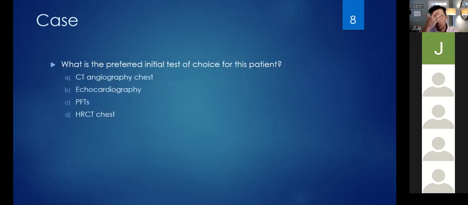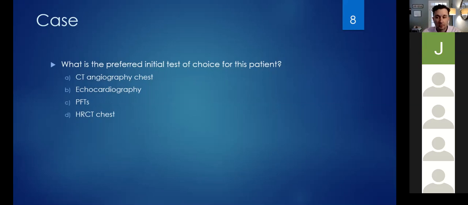So you guys can use the chat function, if you don't mind, just to type in which answer choice you would choose. Basically, you've got a young, healthy female that comes in with exertional syncope. Which would be the test of choice that you would want to start with?